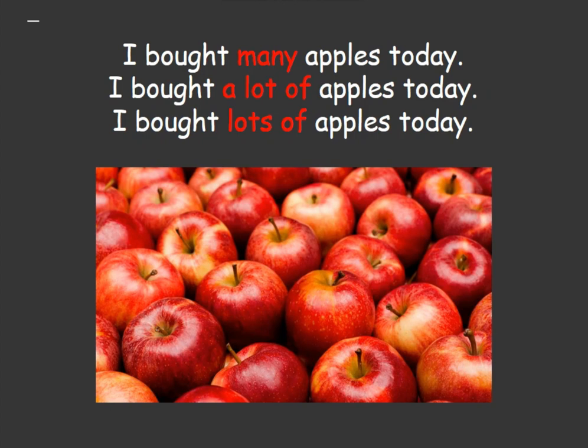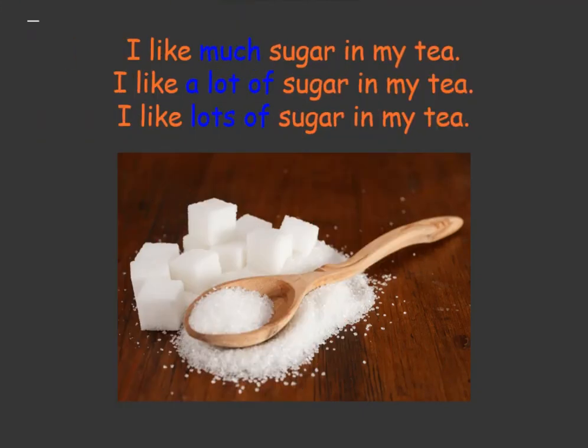Excellent. It's used for both countable and uncountable, and it's used to express large amounts. Same as I bought lots of apples today, because we said that lots of equals a lot of. Both are used for countable and uncountable, and both are used to express large amounts.